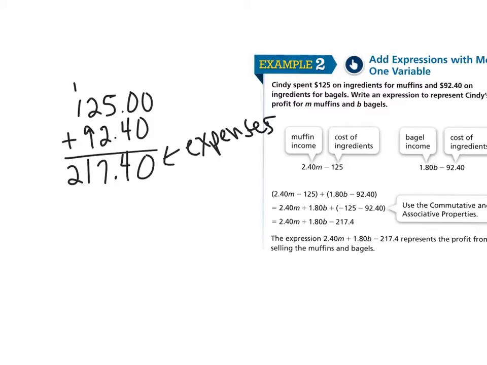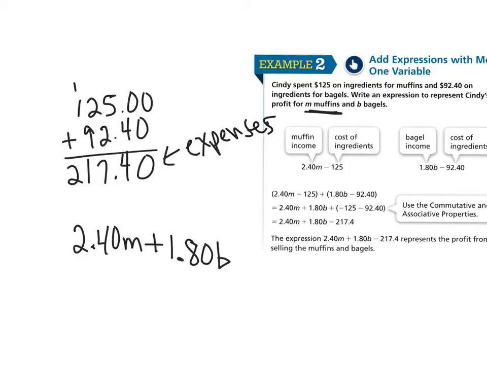And then we could look at what our income was. Well, if you notice, the muffins, they're selling for $2.40 each, and it says they sold M muffins. So you do $2.40 times M. The bagels, they're selling for $1.80 each, and we sold B bagels, so we could do $1.80 times B, however many bagels that is.